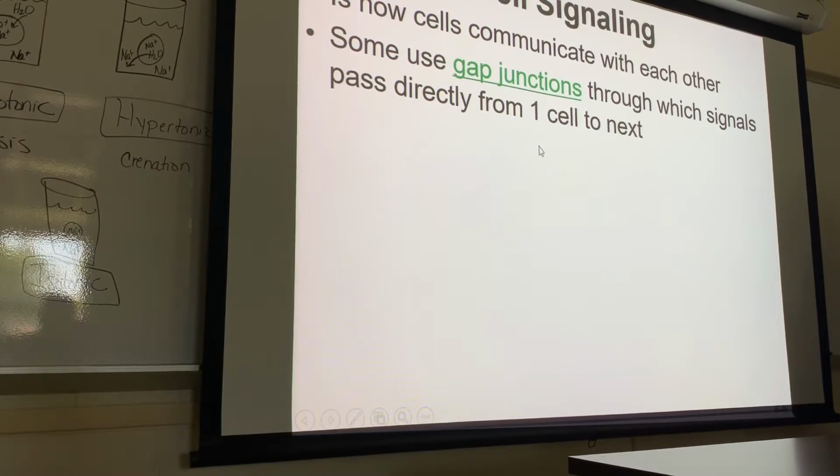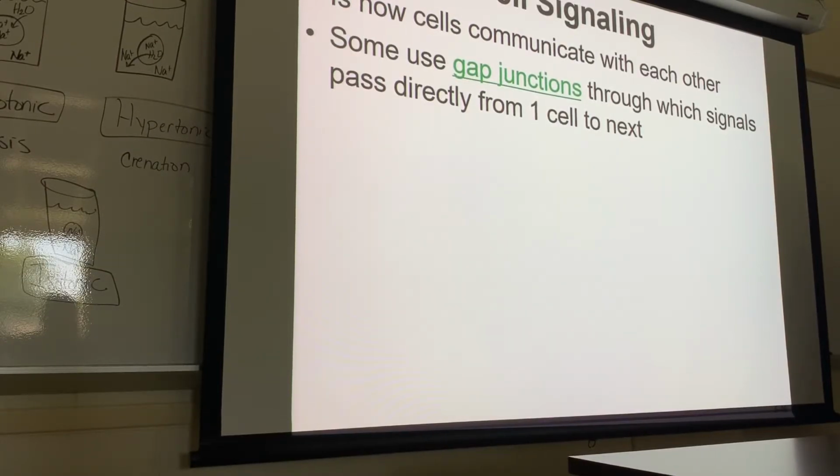Cell signaling is basically how cells communicate with one another. We can communicate through cell phones, through a cell phone tower, by text, by email, by whatever app you use. We can communicate in many different ways, and cells do that as well.